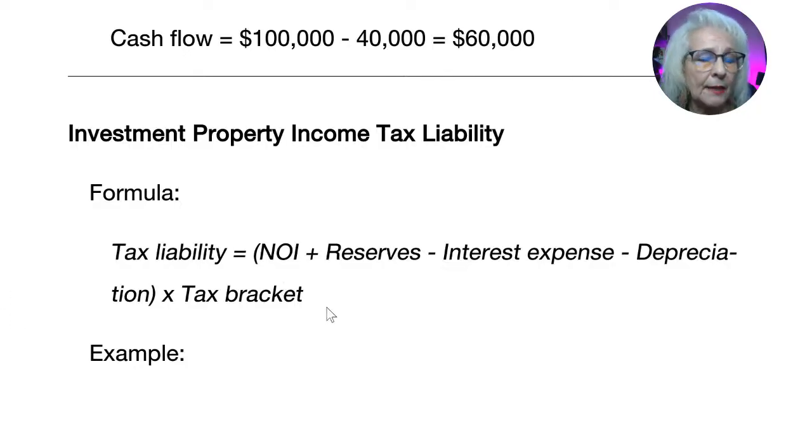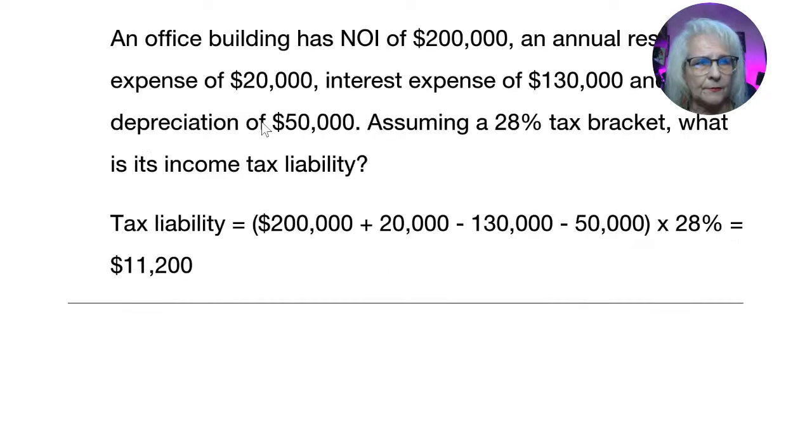So how much taxes are they paying to the IRS, Uncle Sam, on that income from the investment? Interest and depreciation are write-offs, tax shelters. They can write off the interest of the loan and the depreciation, times their tax bracket.